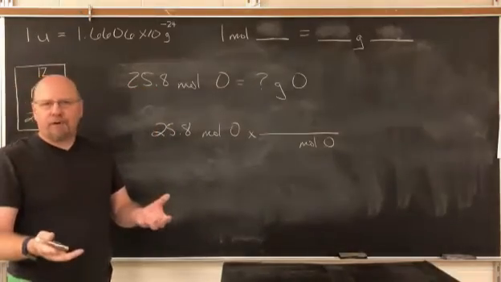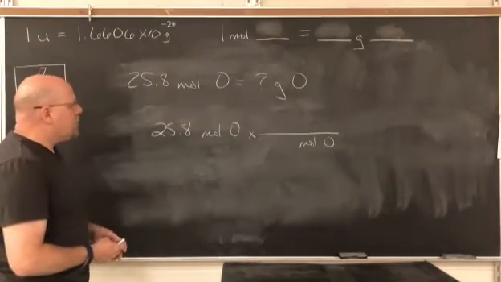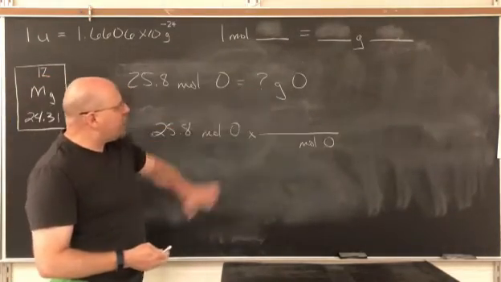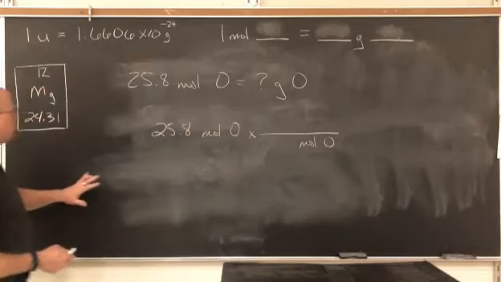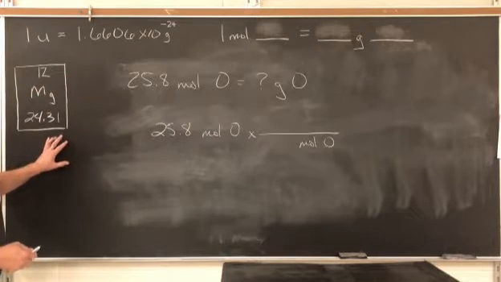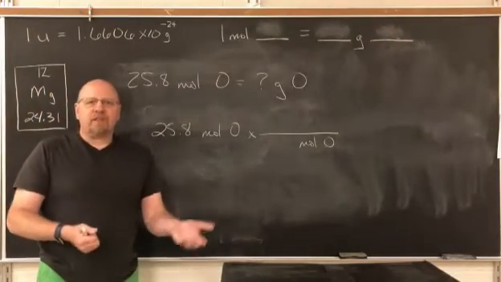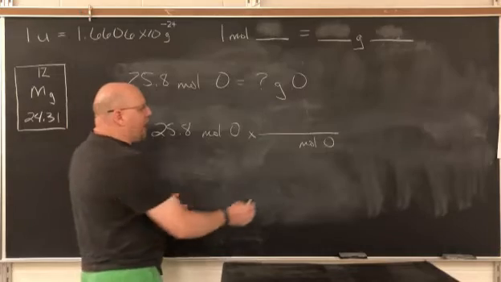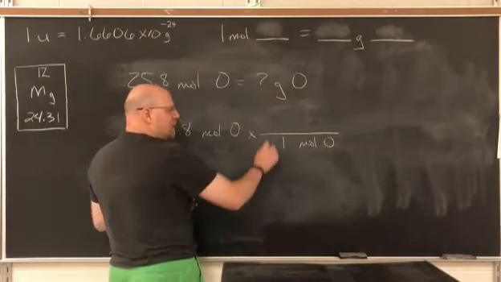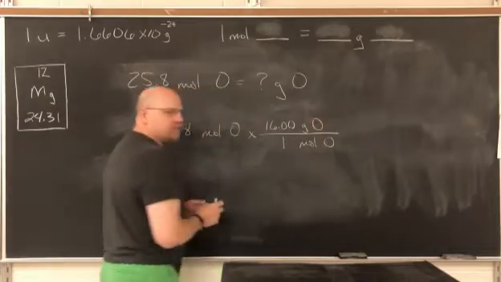I know you're not familiar with this, but this is going to become so second nature to you. We're trying to get to grams, and we have a conversion from grams to moles off the periodic table. For oxygen, if you look at the periodic table, it says 16. So that means if I have 1 mole of oxygen, I'm going to have 16.00 grams of oxygen. That's it.